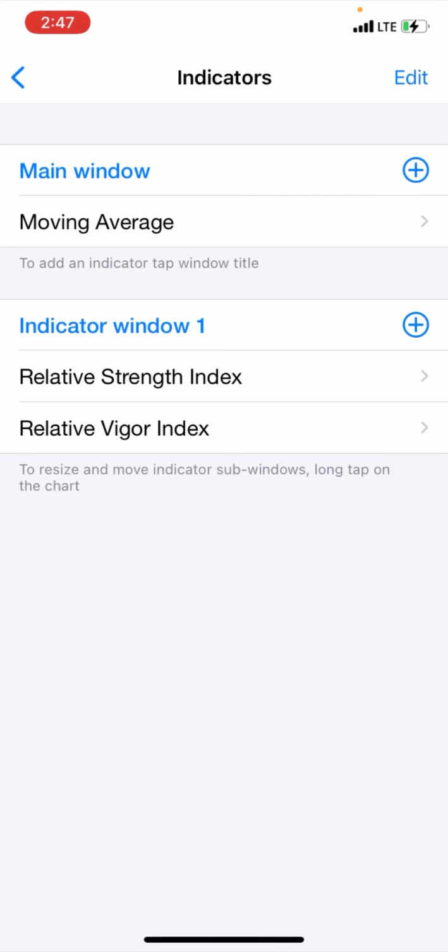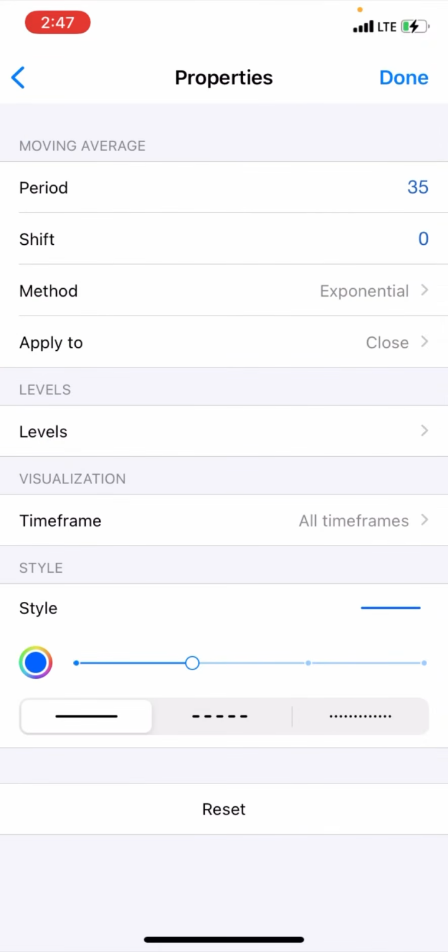So guys, we are going to be using the moving average of period 35. Shift should be 0, method should be exponential, apply to close, and for visualization ensure to leave it at all time frames. Okay, now use the blue color if you are using a white background, or use any other color that will be visible on your chart.